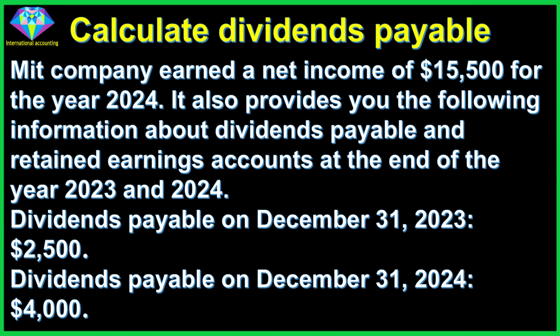Number 3. MIT Company earned a net income of $15,500 for the year 2024. It also provides the following information about dividends payable and retained earnings at the end of 2023 and 2024. Dividends payable on December 31, 2023, $2,500. Dividends payable on December 31, 2024, $4,000.